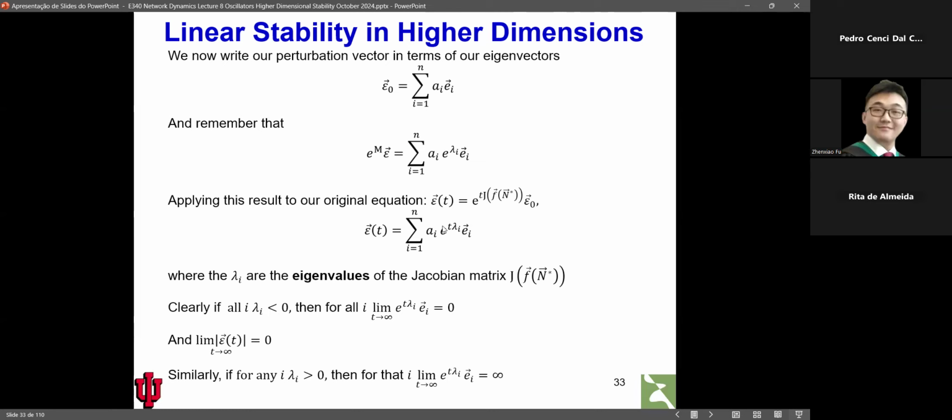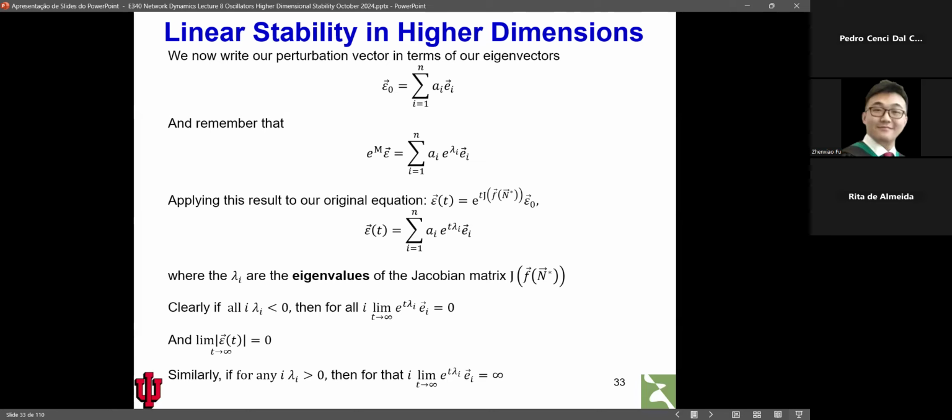If on the other hand all of them are less than 0, then if you take the limit of time going to infinity, all of these coefficients of the eigenvectors are going to 0, and it means that the perturbation, the difference between the point in the trajectory where you are and the fixed point, is going to be 0.